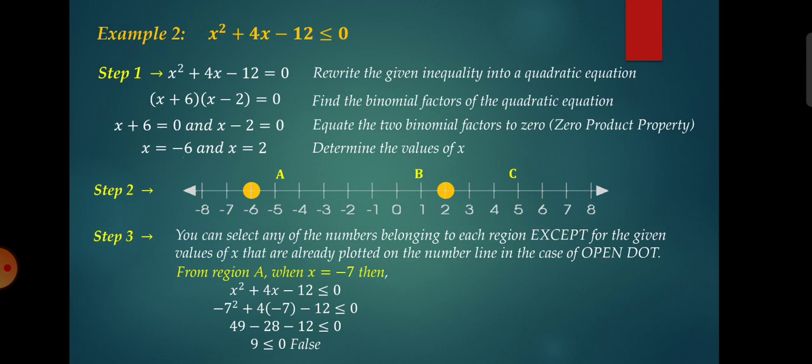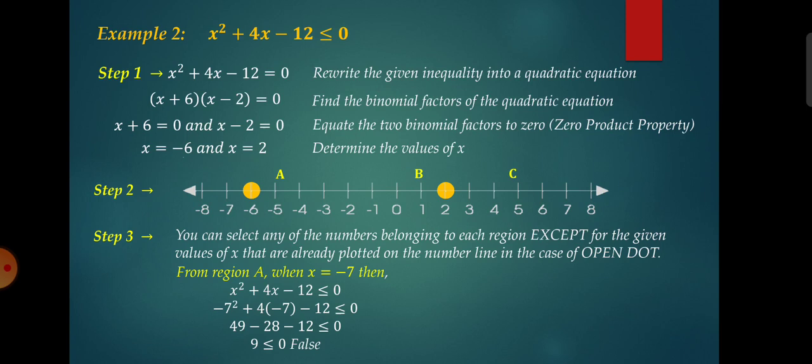Okay. I will choose the value of x which is negative 7 from region A. So if we plug in negative 7 into the inequality x squared plus 4x minus 12 is less than or equal to 0, negative 7 squared is positive 49 because that is negative 7 times negative 7.